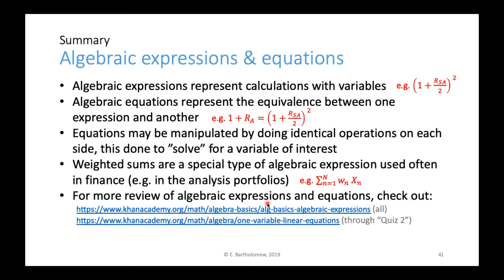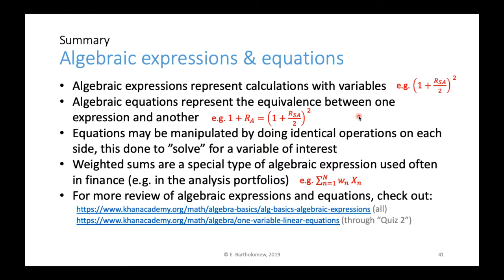So let's summarize. Algebraic expressions represent calculations with variables, for example this one here that we were looking at. Algebraic equations represent the equivalence between one expression and another, such as this. The equations may be manipulated by doing identical operations on each side, and this is done to solve for a variable of interest.